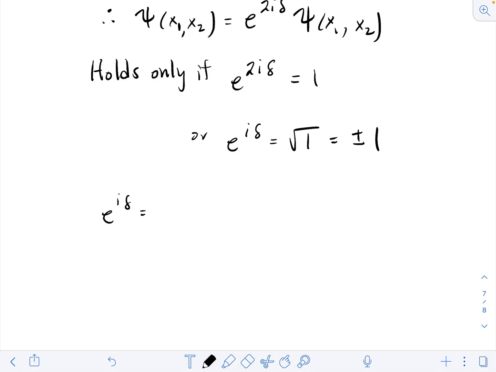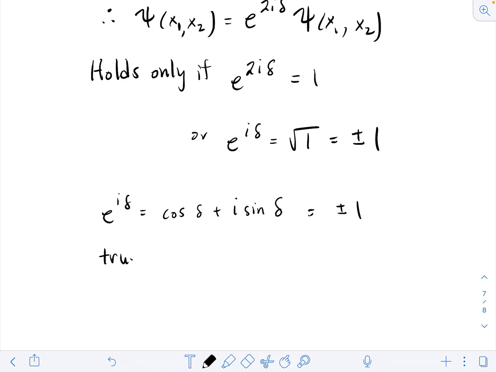Let me just remind you of Euler's identity. e^(iδ) is cos δ plus i sin δ, and we want that to be equal to plus or minus 1.